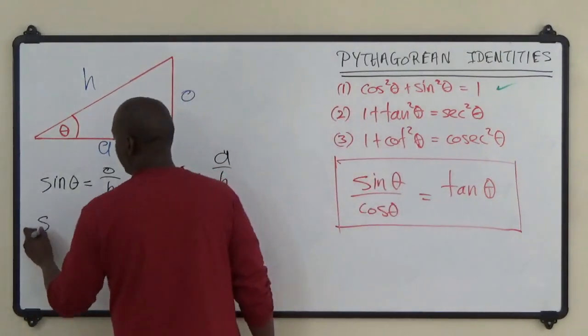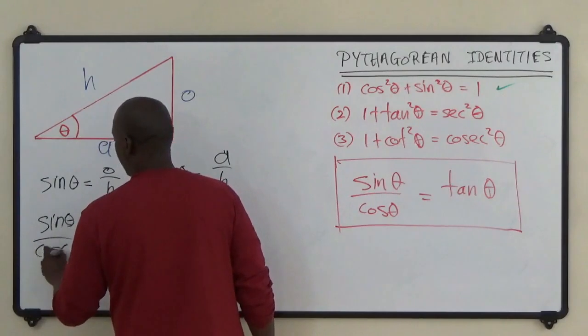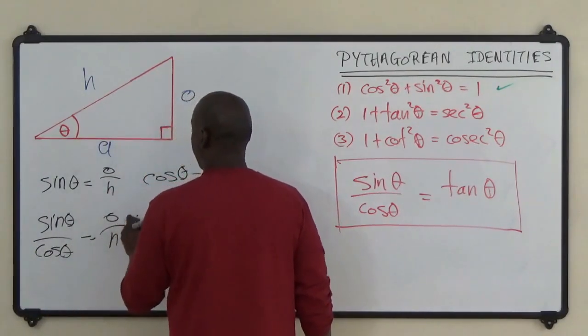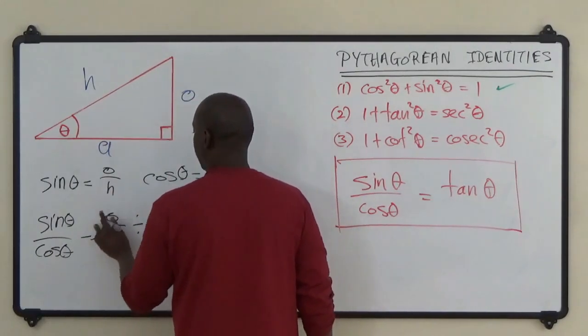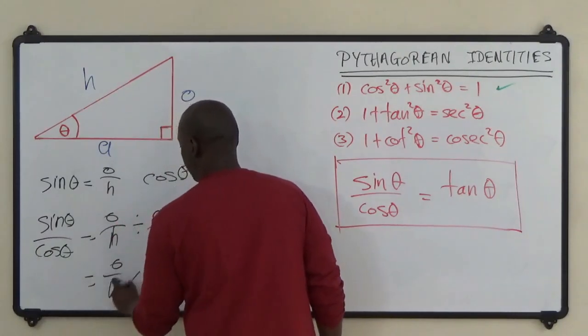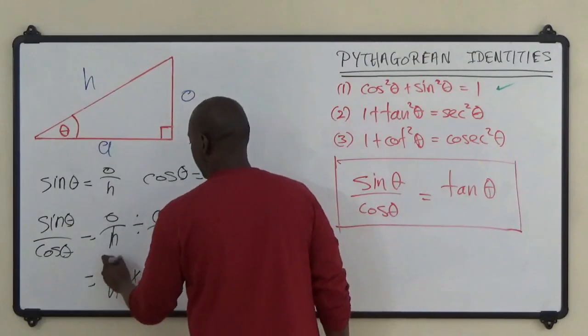So if we divide sine theta by cosine theta, we have O over h divided by a over h. Right? Which will give us O over h multiplied by h over a. Right?